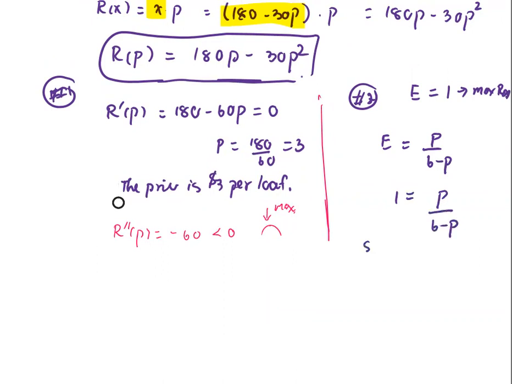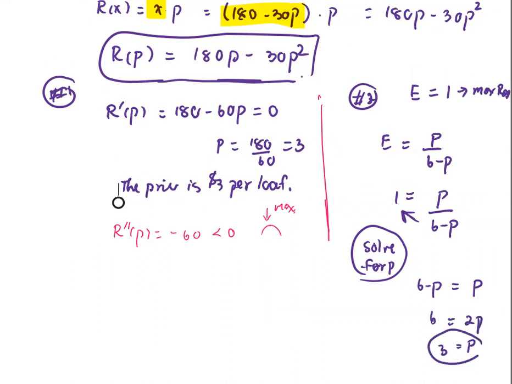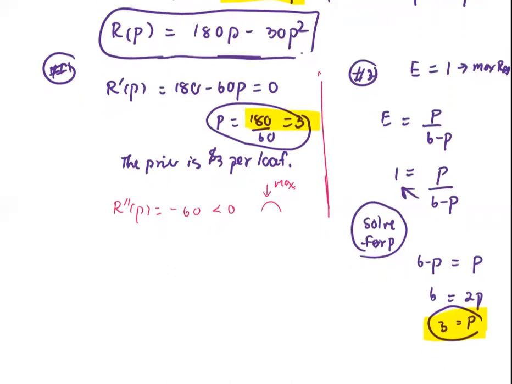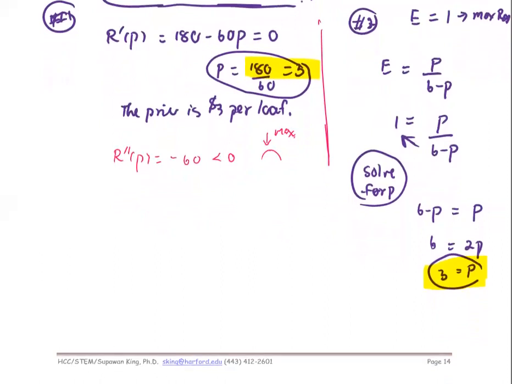Solve for p. Cross multiply. So we get 6 minus p times 1, or 6 minus p equals p. So 6 equals 2p, or p equals 3. The same result as what we did with the traditional way of finding the critical number. And that critical number will give either a local max or a local min. For this case, it gives the maximum value of the revenue.